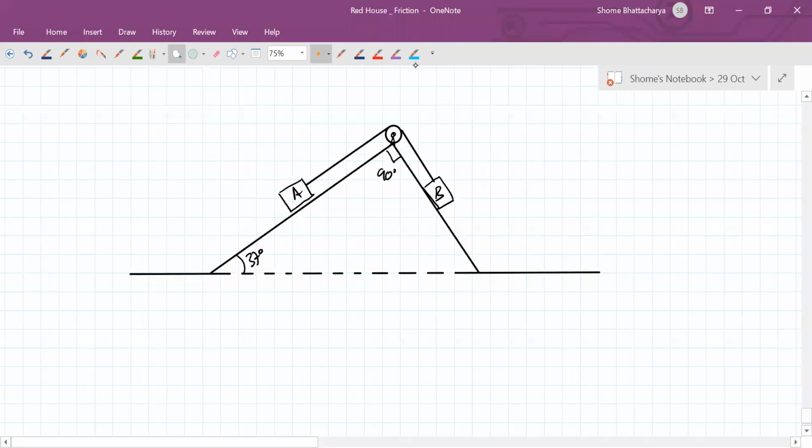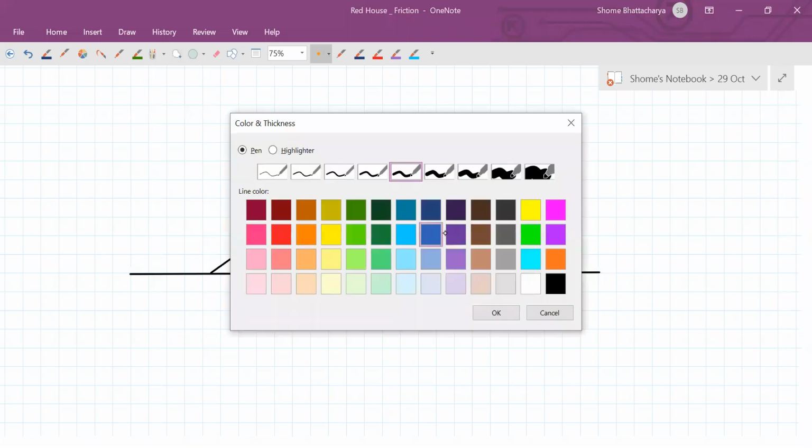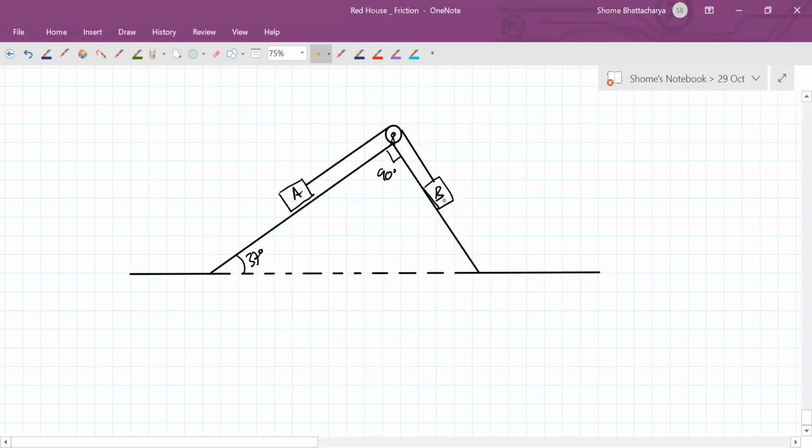So here let's examine all the forces. I'll just give you the answers for the accelerations. Just give me a moment. So on B, we would have 15g sine 53 degrees, because this angle is 53.